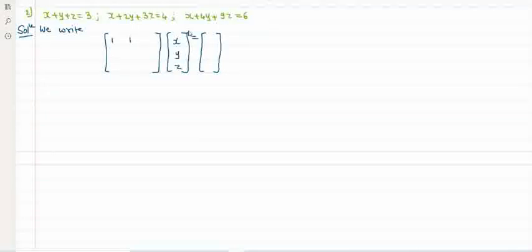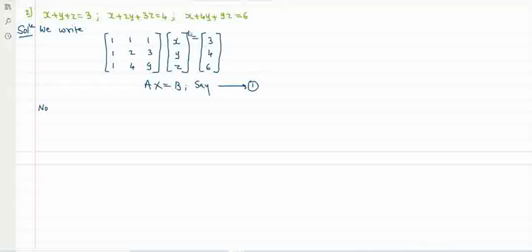Coefficients 1, 1, 1, and 3. 1, 2, 3, and 4. 1, 4, 9, and 6. And suppose I denote this as Ax equal to B. Suppose this is number 1.